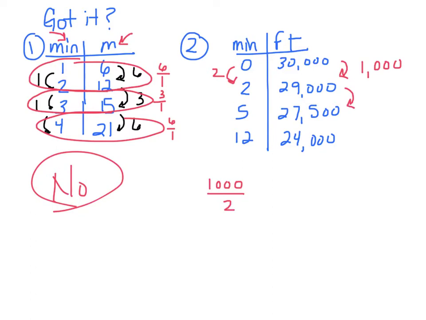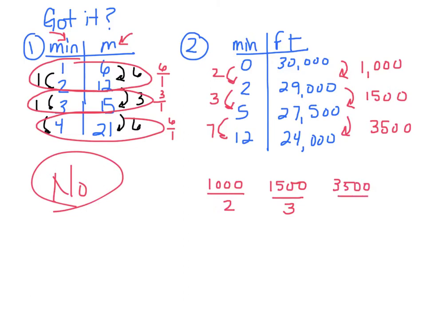Here we are decreasing by 1,500, and our x value, which is our minutes, is increasing by 3. So that would be 1,500 divided by 3. And lastly, here we're decreasing by 3,500, and here we're increasing by 7. So we can write that as the ratio 3,500 divided by 7.